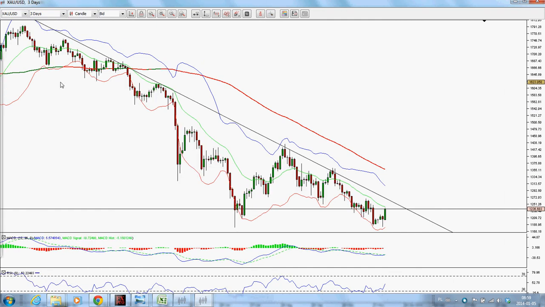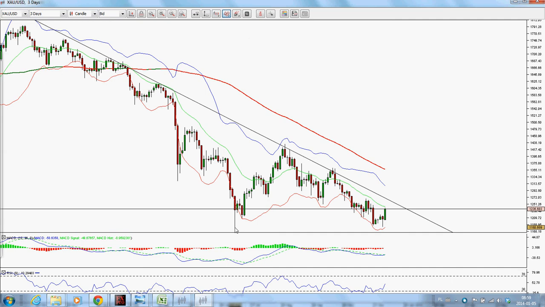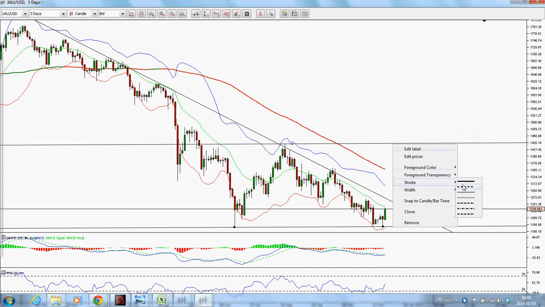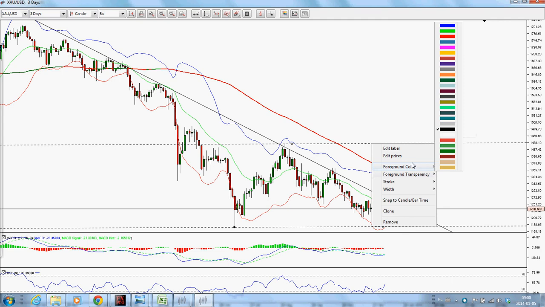What we can do as well, we can connect channel lines. We can connect the beginning of A with the extreme of B, and then we've got a target for a C wave. Okay, and if this will be broken strongly, I will change the color.